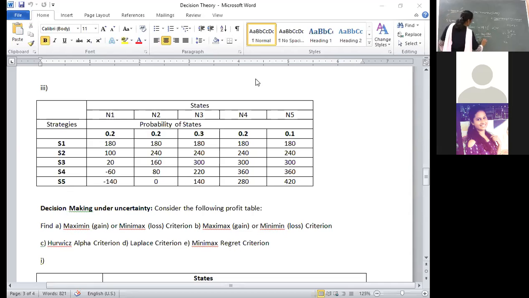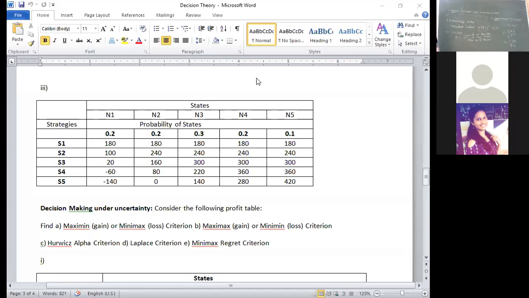Again, to calculate Laplace criterion, the formula is sum of all payoffs upon total number of states. The other way you can define this is the simple weighted arithmetic mean of their payoffs, that is summation W into X upon summation W.